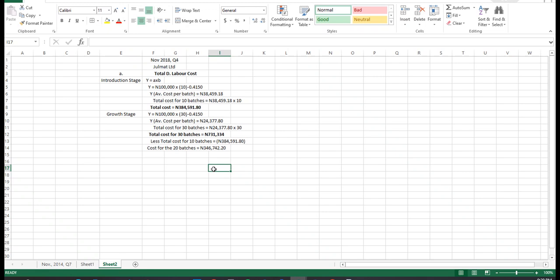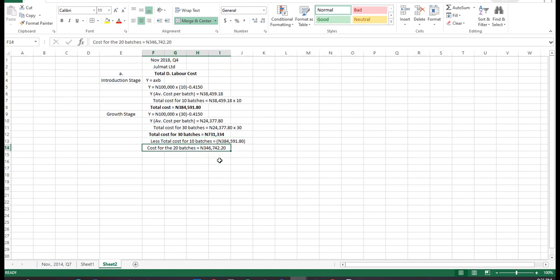Now, let's look at it this way. If 20 batches is 346 and 30 batches is giving me 731, does that make sense? The first 10 batches has already taken 384. The second batch is taking 346.